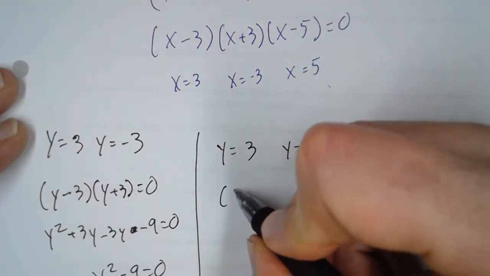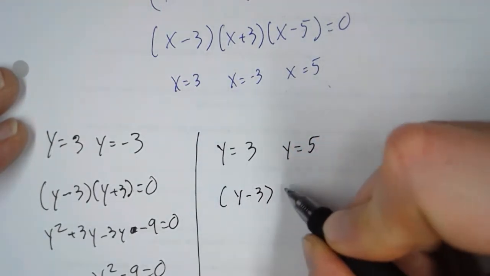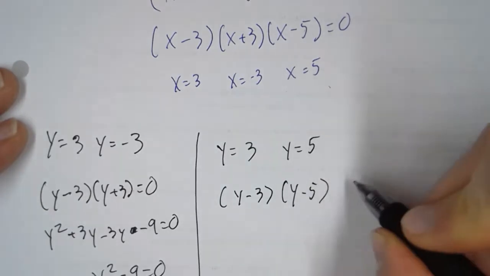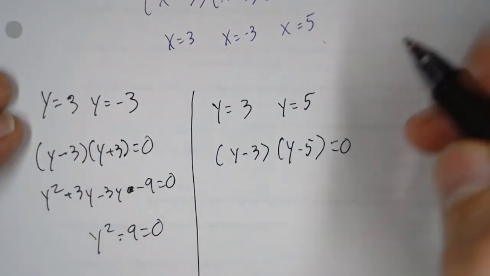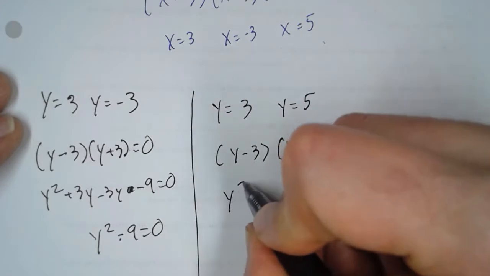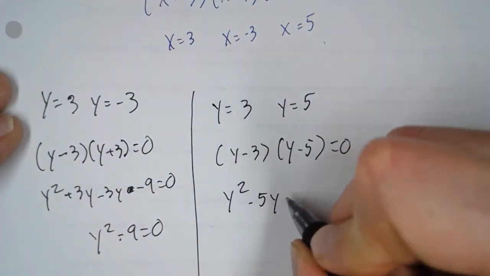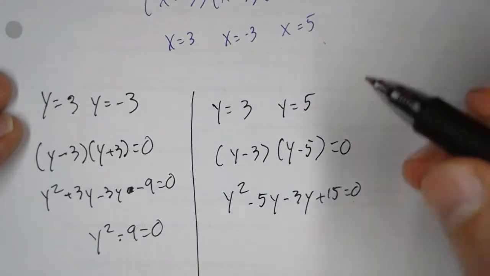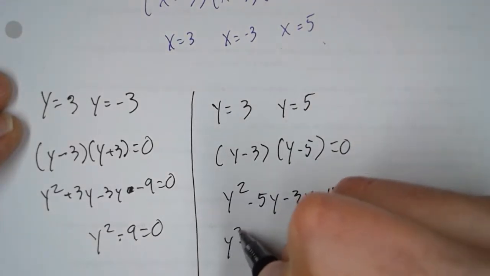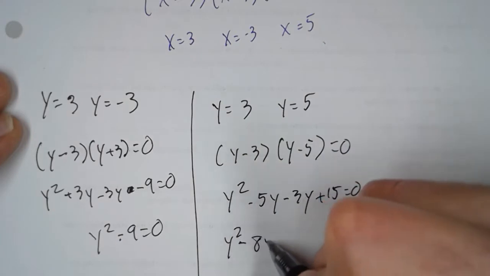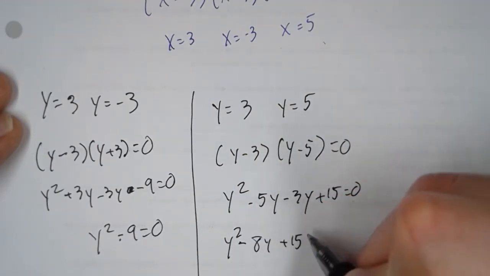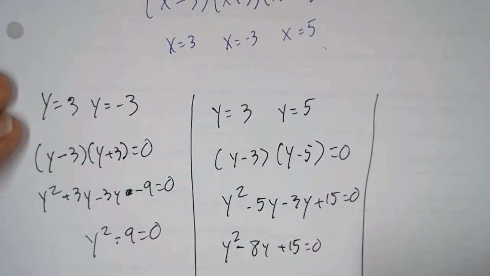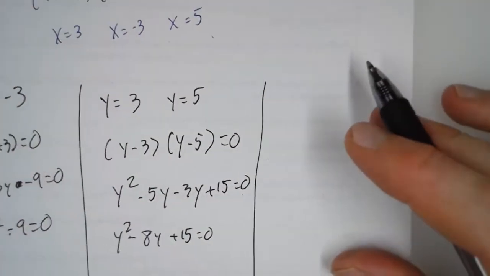Now for our second, let's say we pick y equals 3 and y equals 5. So that means it's going to be y minus 3 and y minus 5 equals 0. So when we expand this out, we get y squared minus 5y minus 3y plus 15 equals 0. So that simplifies to y squared minus 8y plus 15 equals 0. There's our second, and now we need our third.